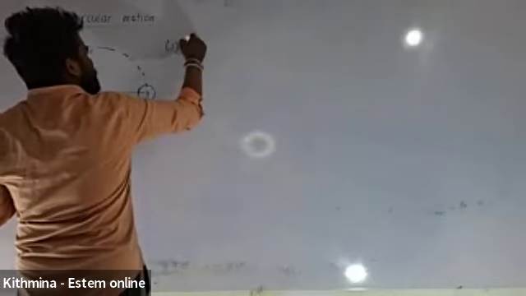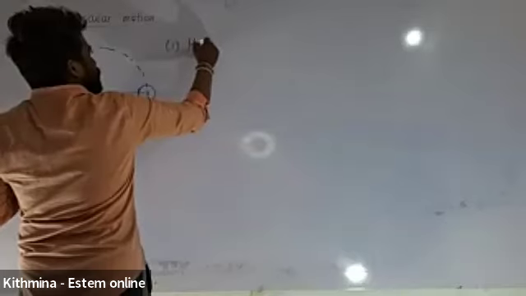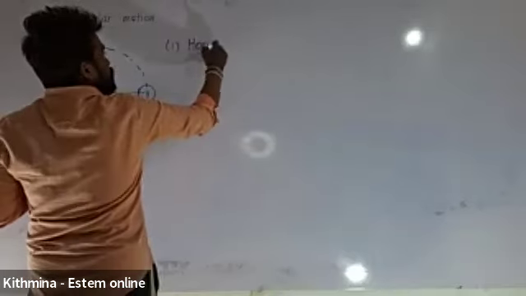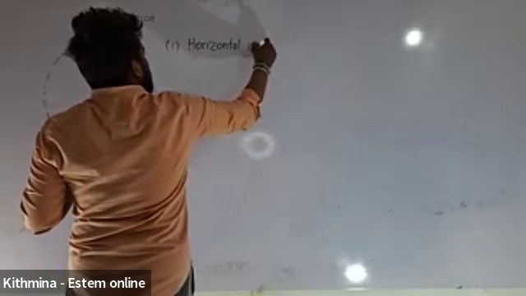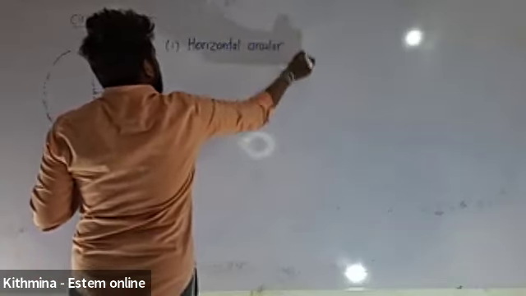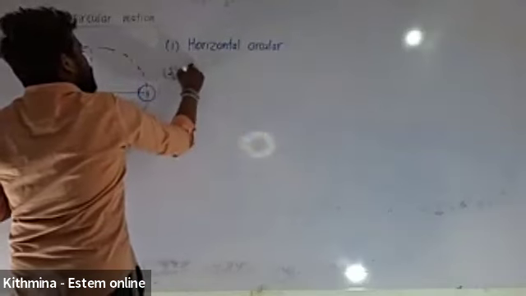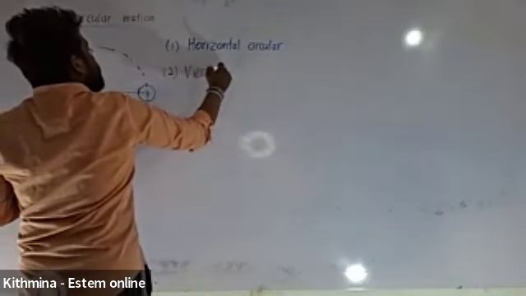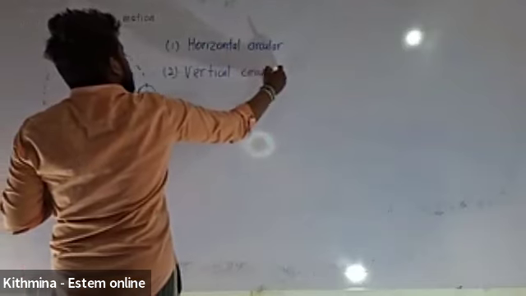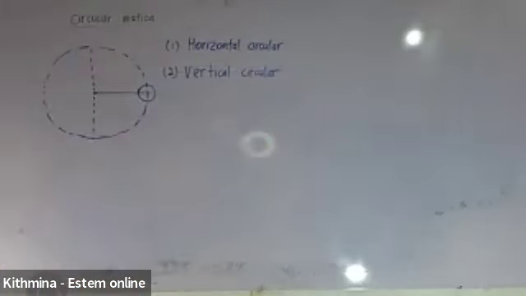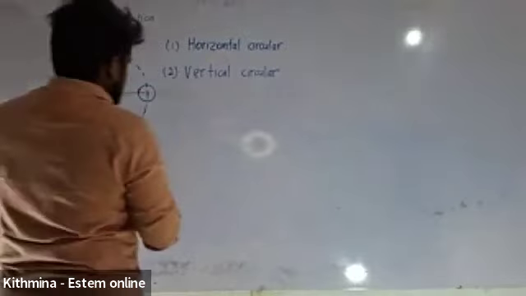One type is horizontal circular motion. The second type is vertical circular motion.